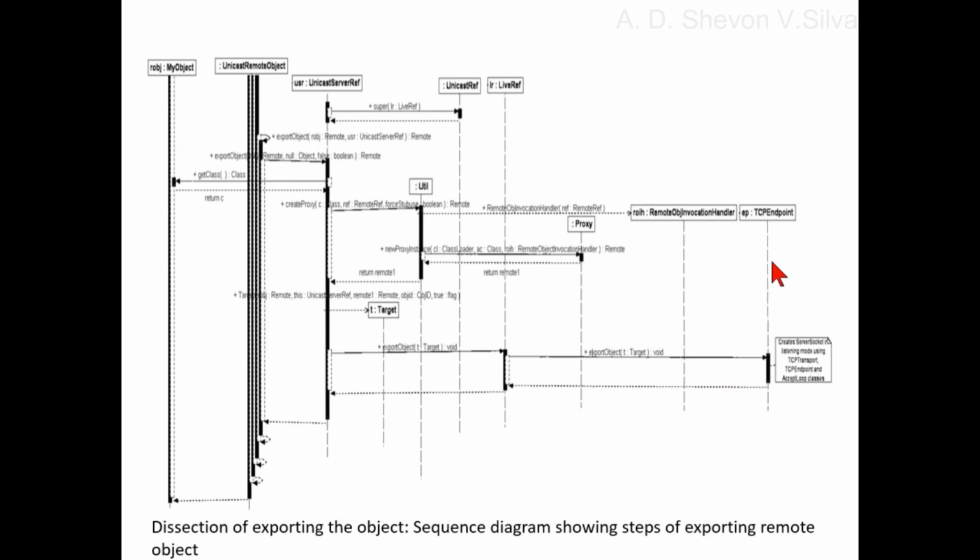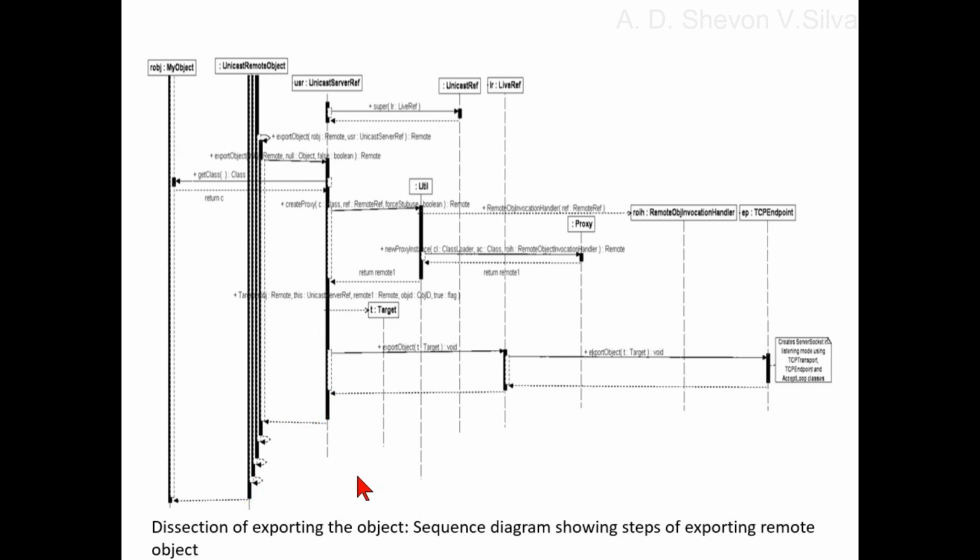It receives the connection calls and delegates the calls to UnicastServerRef. Then it calls the skeleton to dispatch the invocation.